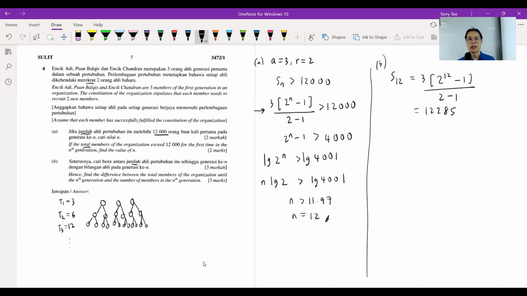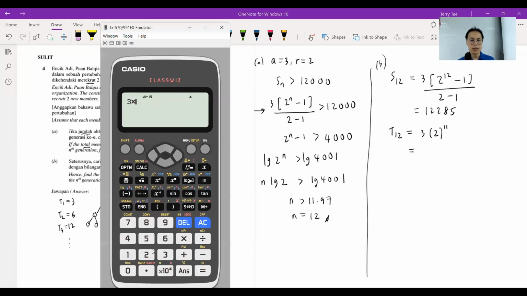So I got 12285. Okay, you want to find the difference, beza jumlah ahli sehingga generasi ke-12 dan bilangan ahli pada generasi ke-12. Bilangan ahli is T12. We can use A R to the n minus 1. Remember, n is 12. 12 minus 1 is 11. So it's 3 times 2 power 11.